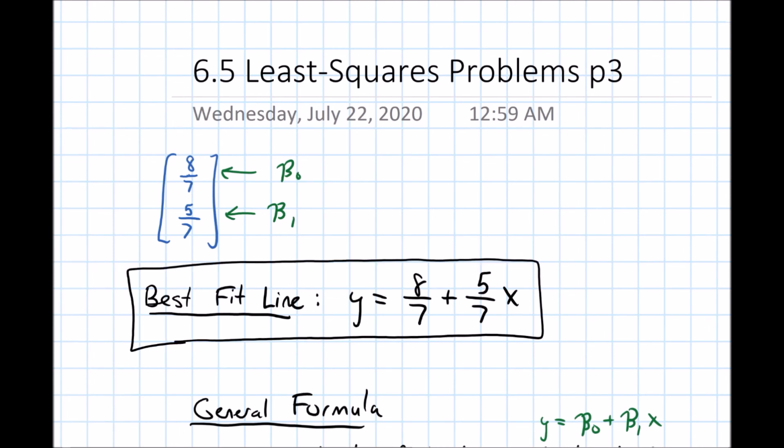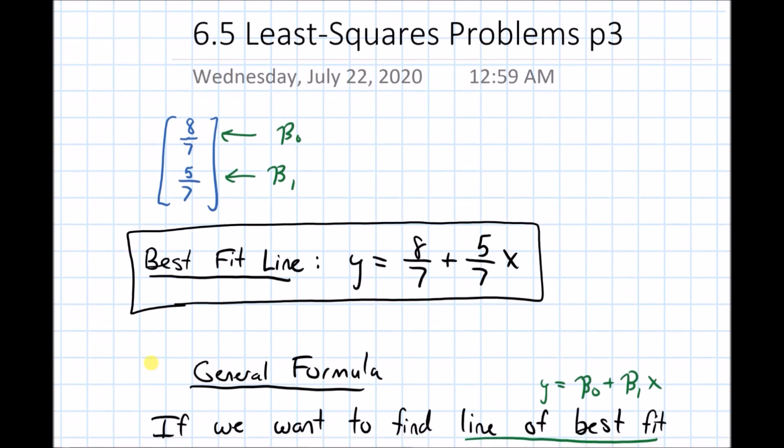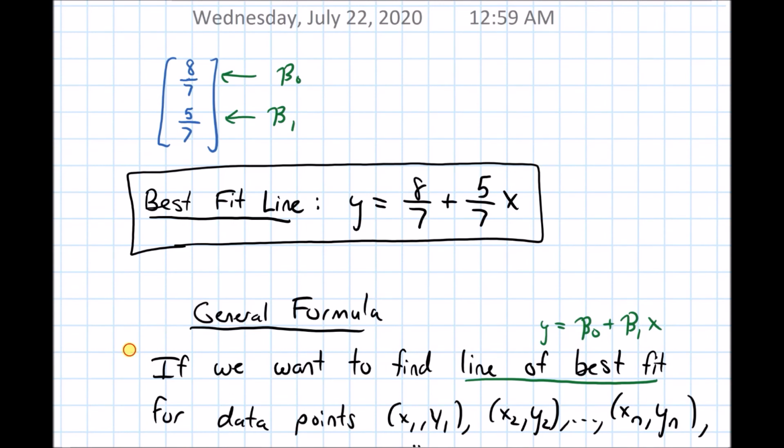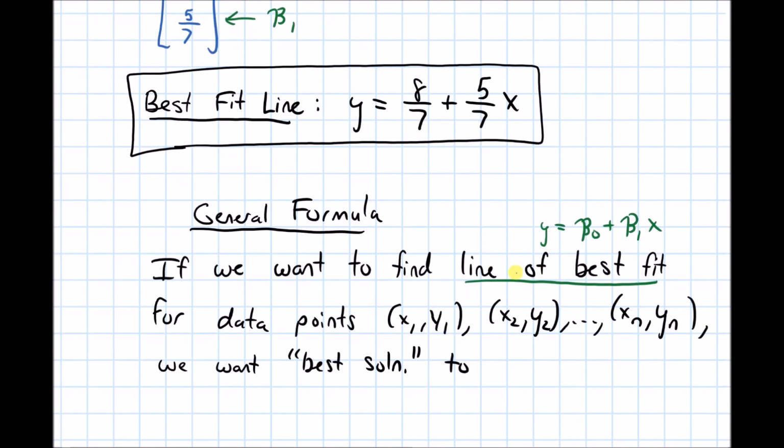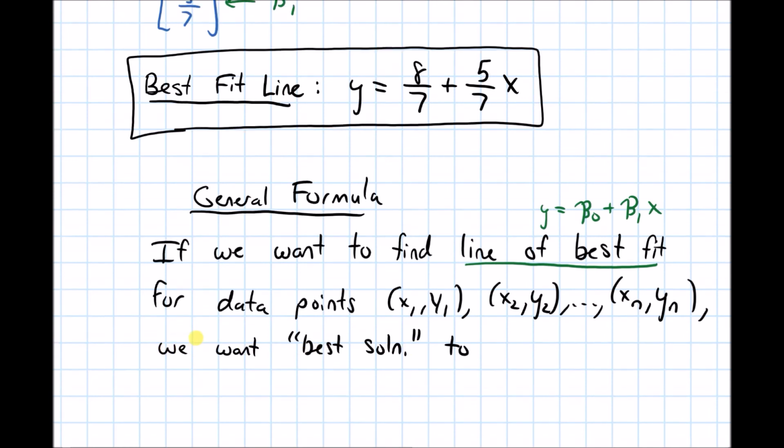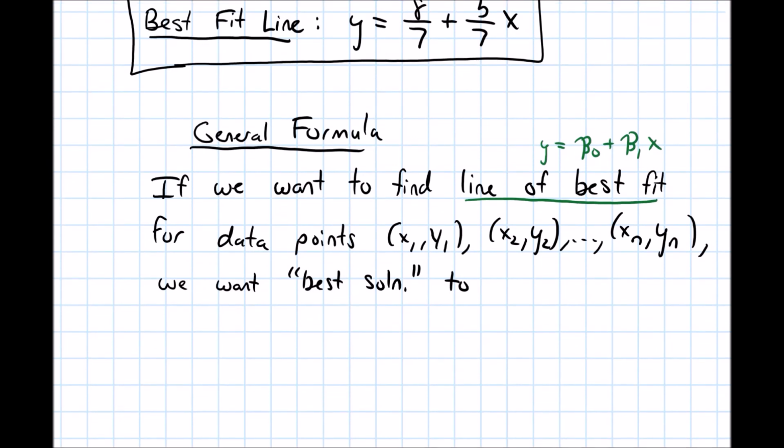The method that I showed generalizes. So I'm going to end by stating a formula that is true in general. In general, if I want to find a line of best fit, something that has this form, y equals beta naught plus beta 1x, for the data points x1, y1, x2, y2, up until xn, yn, we want the best approximate solution to the following.